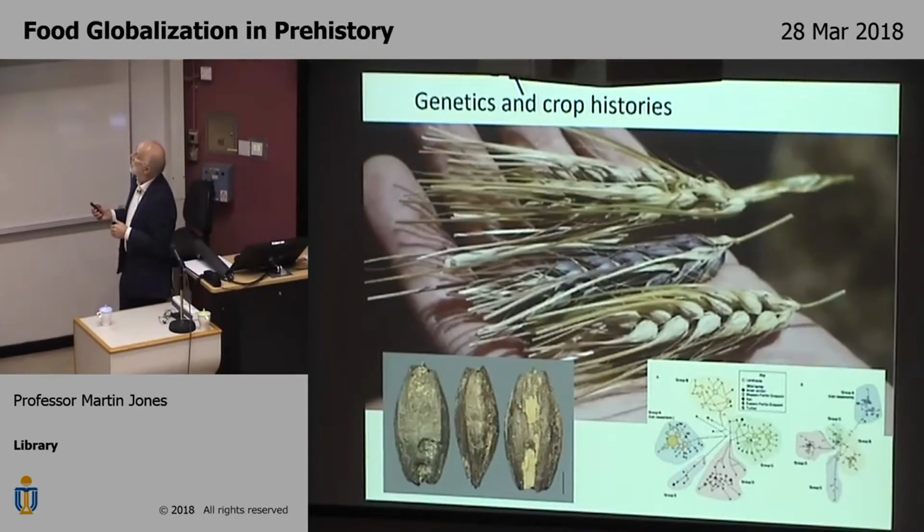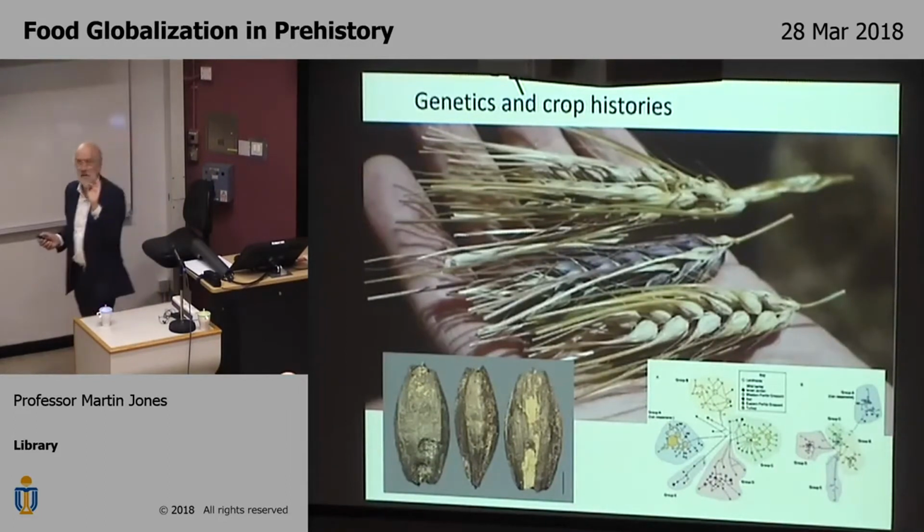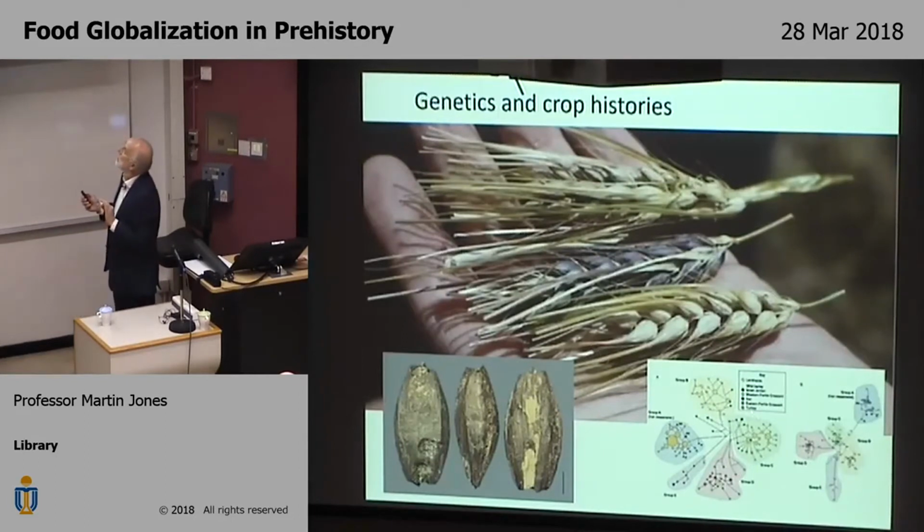And so these trees are actually historical patterns of barley being domesticated in the Near East, and then different branches moving out to different parts of the landscape.